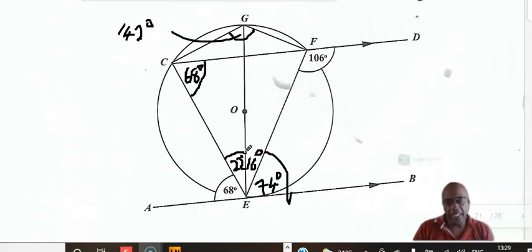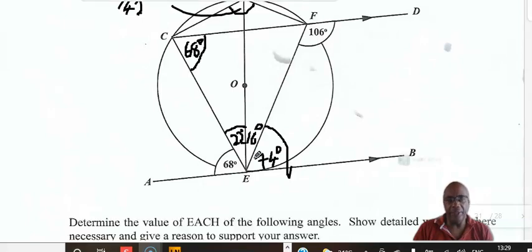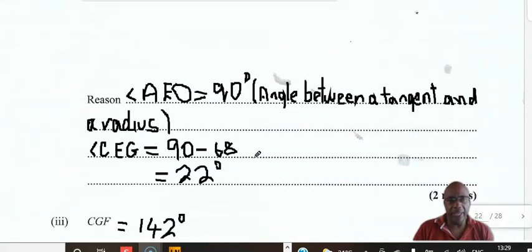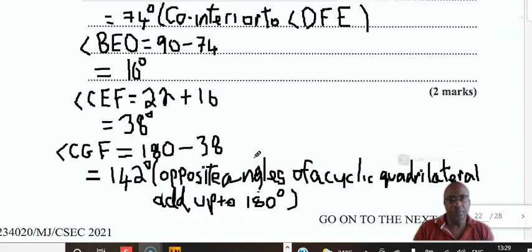And the reason that's 90, we saw already, because the angle between the tangent and the radius is 90 degrees. The third step is this whole angle here, angle CEF, is 22 plus 16, that's 38 degrees. So I've written it down here. Angle CEF is 22 plus 16, that's 38 degrees.